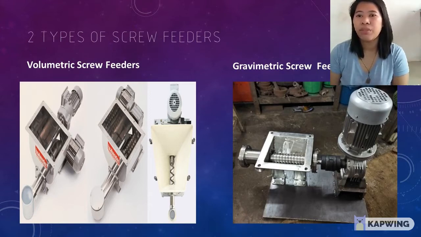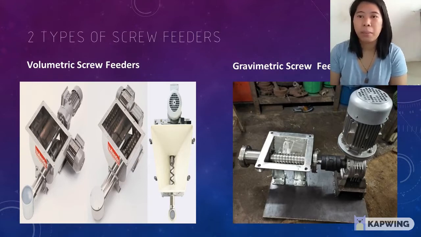The concept of this feeder relies on some form of displacement principle to create a discharge stream. The second type of screw feeder is the gravimetric screw feeder. It has a weighing system as well as a new control scheme.